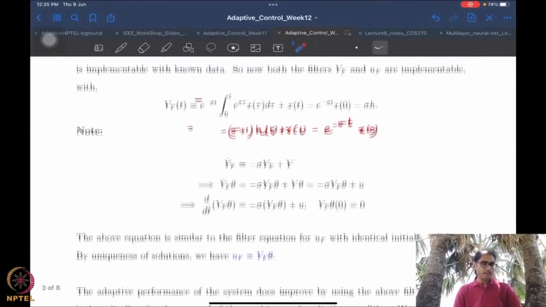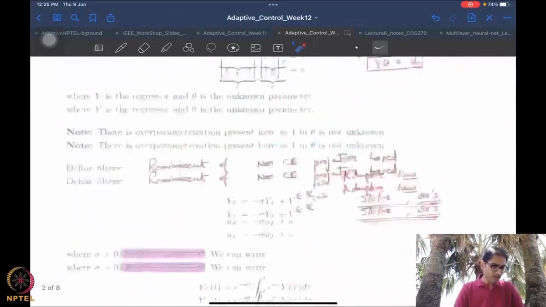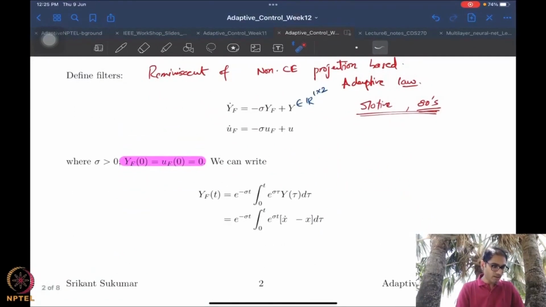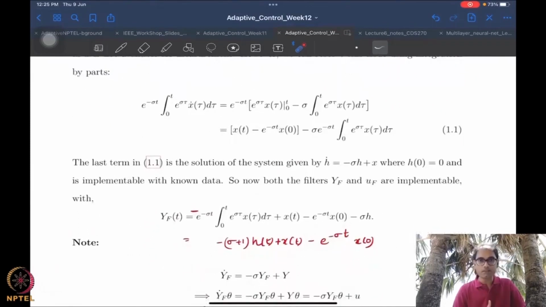Okay, great. So we have essentially constructed a filter, an unusual filter because we also have the derivative of the states in here that is being filtered. But the important thing to remember is that this filter is implemented. Excellent, great. Because you don't want to design something that's not implemented, correct?